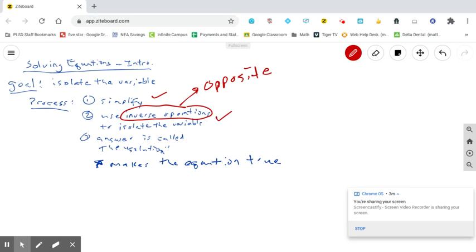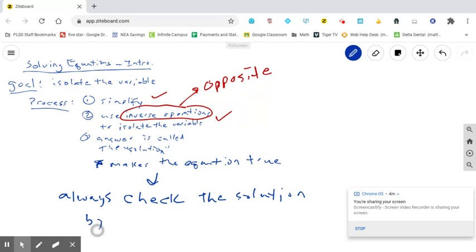This is just the basic introduction to solving equations. If I get a solution and that solution makes the equation true, that allows me to always check the solution by plugging it in.